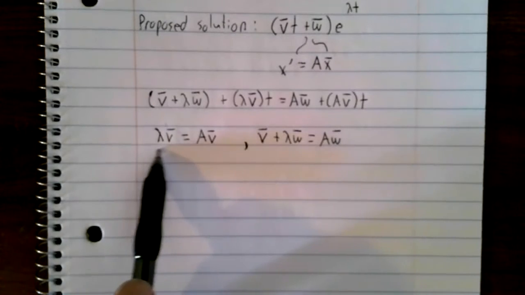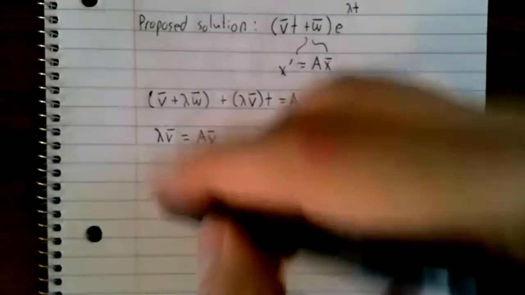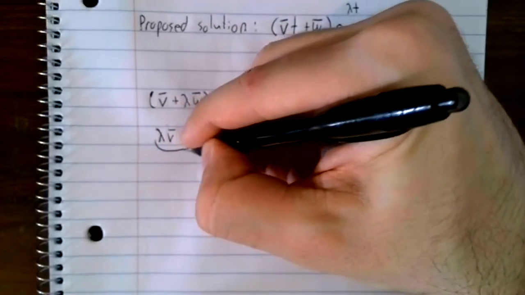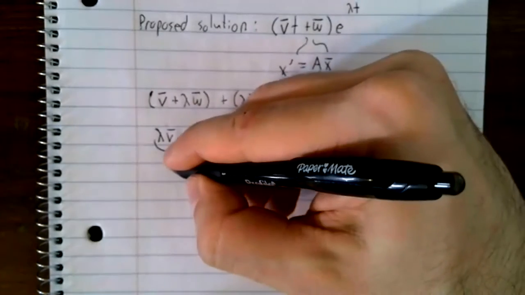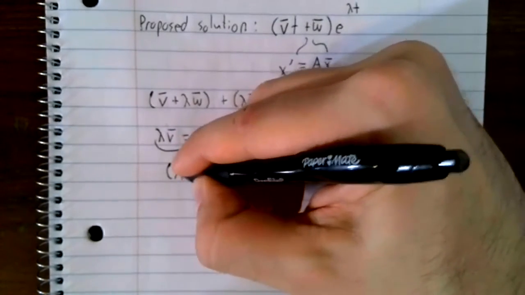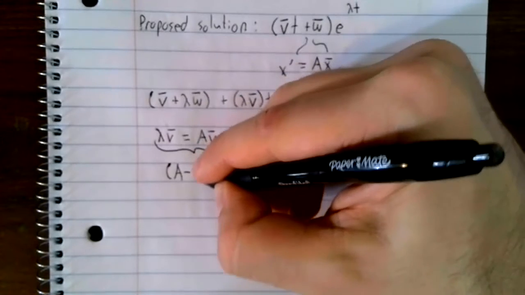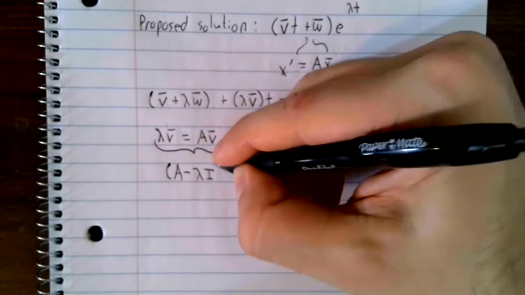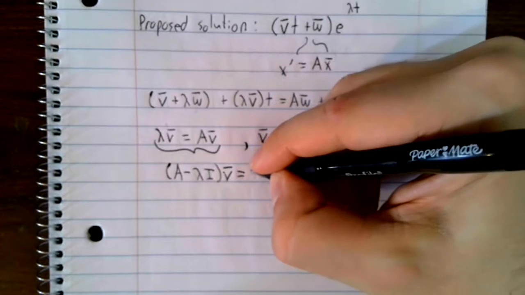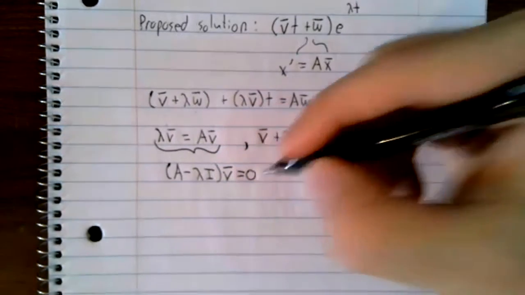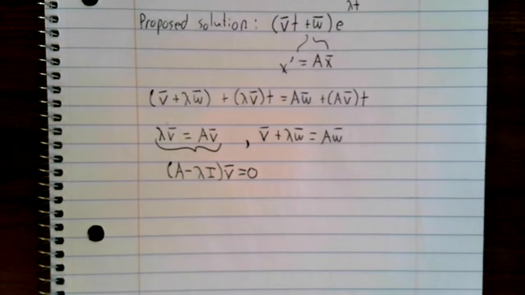This condition says that v is an eigenvector, i.e. (A minus lambda I) times v equals 0.